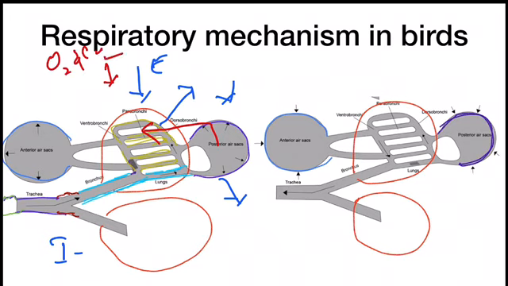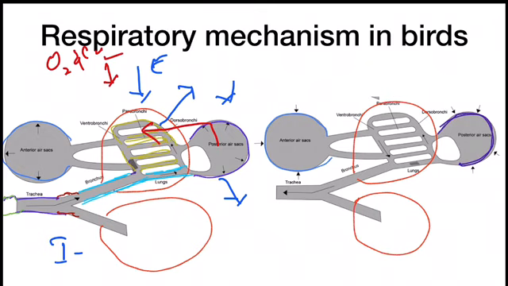The CO2 and oxygen exchange takes place in both processes. In inspiration, some of the air reaches the secondary bronchi and is involved in the exchange of gases. Also during expiration, the air from the posterior air sacs reaches the parabronchi again. This air has a high amount of oxygen, so we again observe the exchange of gases.